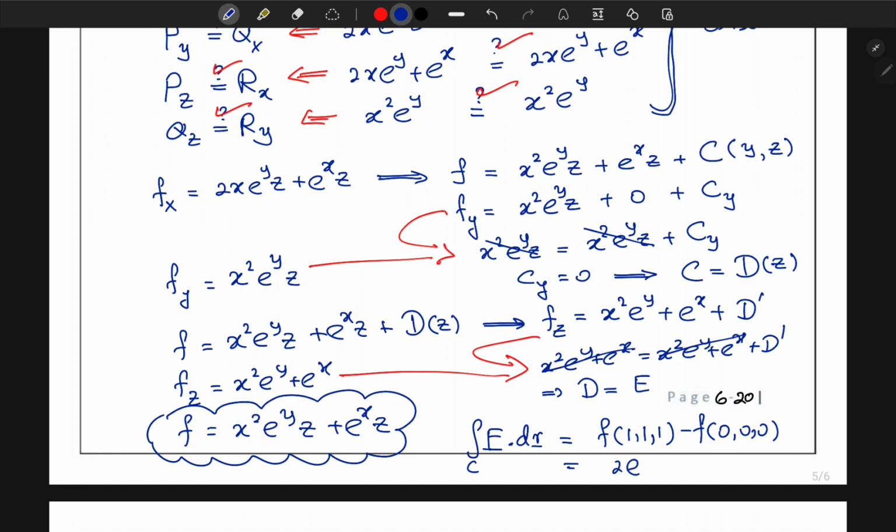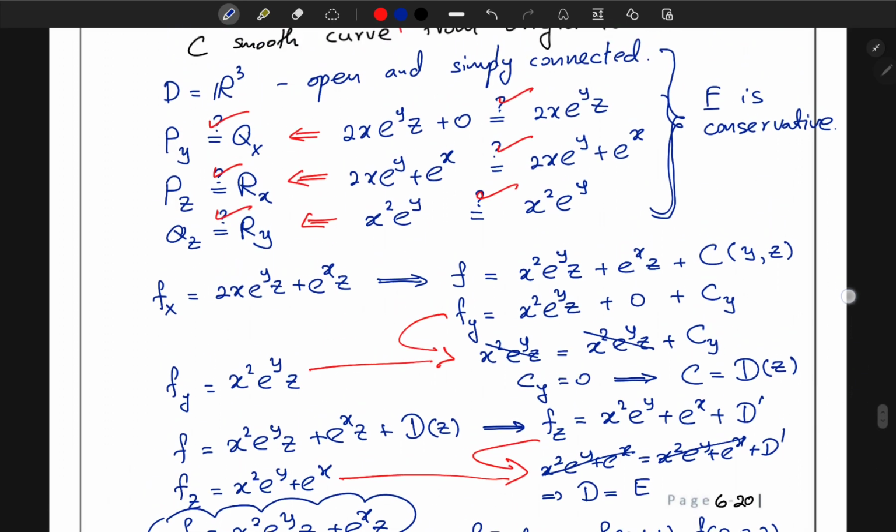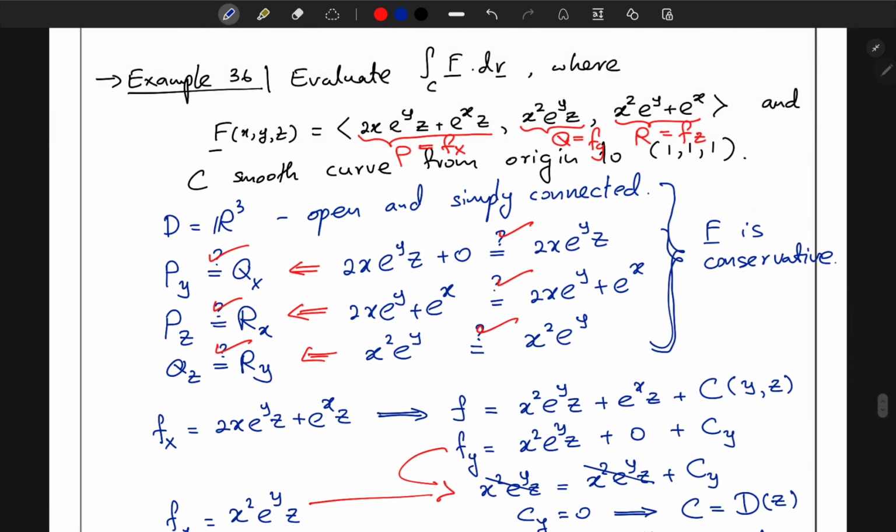So the answer is 2e. Okay. So the only new thing we saw in this is you have to first show it is conservative to begin with, before looking for the potential.